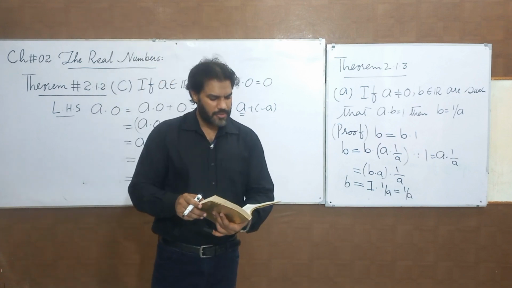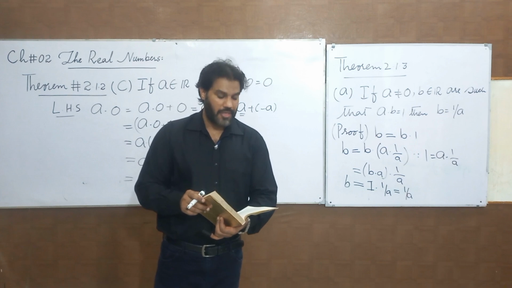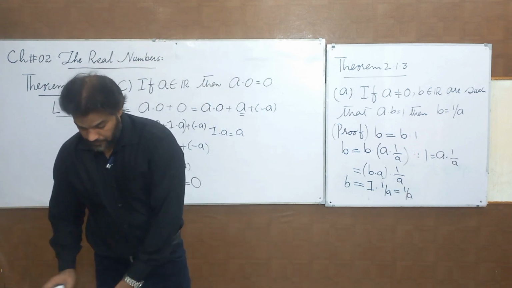In the second part, we have to show if a into b is equal to 0, then either a is equal to 0 or b is equal to 0. This is important.